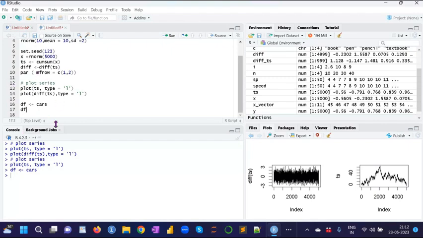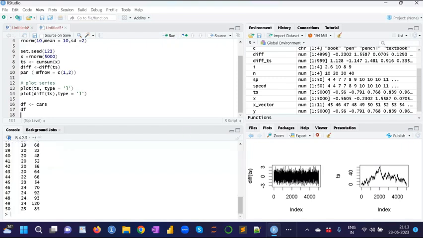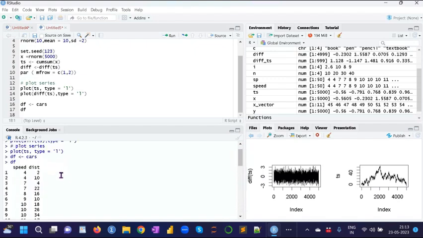One of them is cars. I run print on the value, and it gives the speed and distance. Now I am using all these methods.